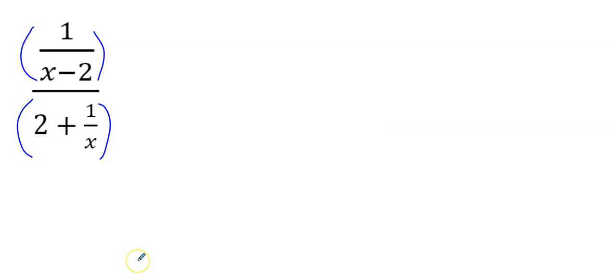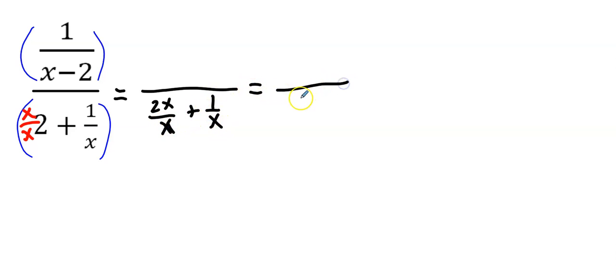So if you did that on this one, the LCM would be the quantity x minus 2 times x. You have a choice here, really, you could just multiply this one by x over x. So if you do that, in the denominator, you now have 2x over x plus 1 over x. So in the denominator, you have just one fraction.